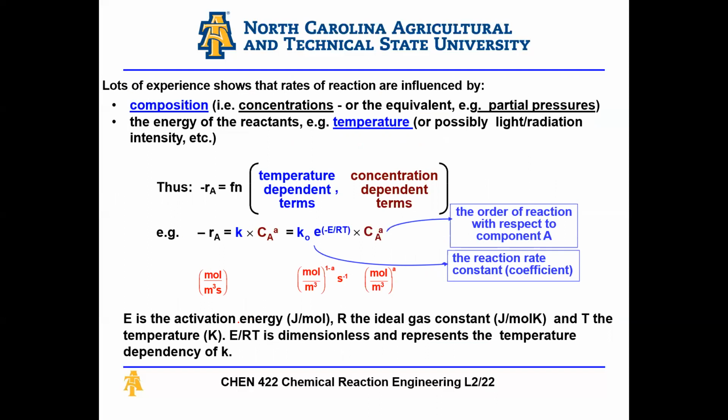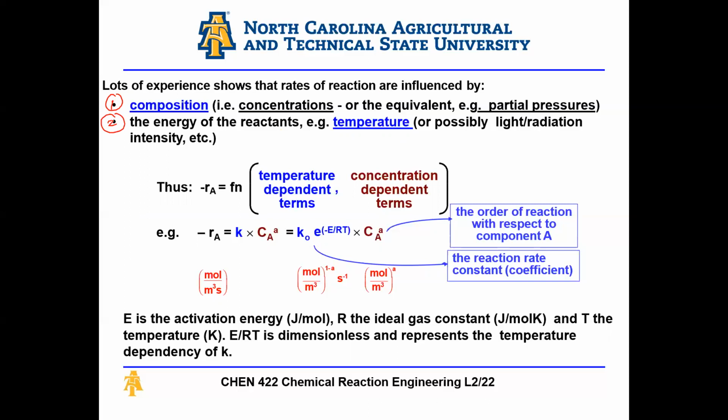The reaction rate is influenced by two primary parameters, right? And we know this based on a lot of experiments and experience, so it's just known to be a fact. The two parameters are composition and energy of the reactants. By composition, I mean the concentrations.